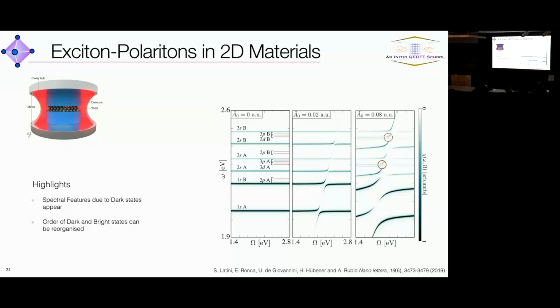if you just look at the dispersion of a Fabry-Perot and compare it to the dispersion of a typical exciton with a typical effective mass, and you plot them against each other, the Fabry-Perot cavity has a parabolic dispersion, but it's very steep. So this is the energy of a Fabry-Perot. And if you plot on the same plot the energy of an exciton, so this is not necessarily at zero axis, it would look like this.